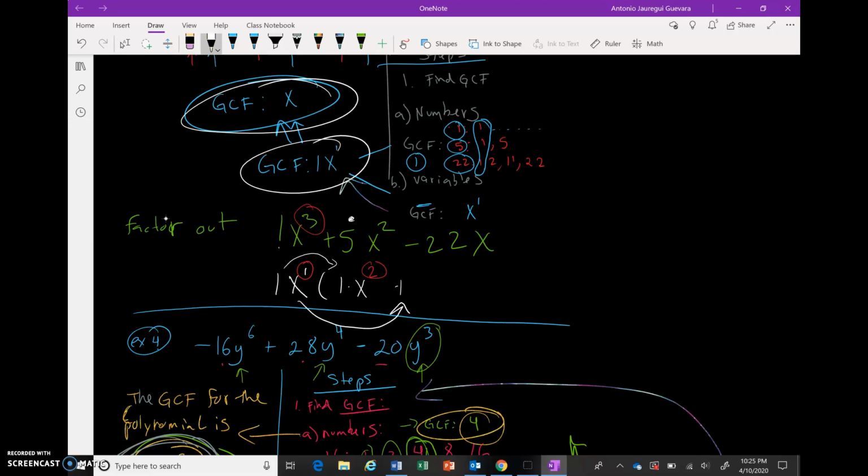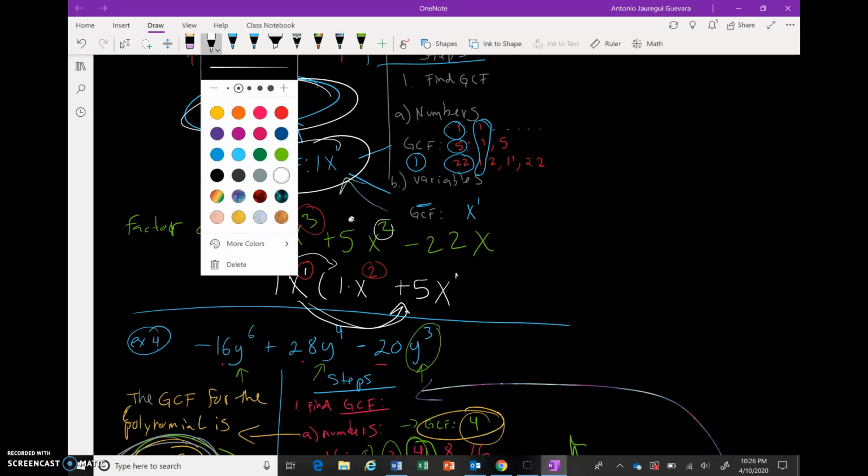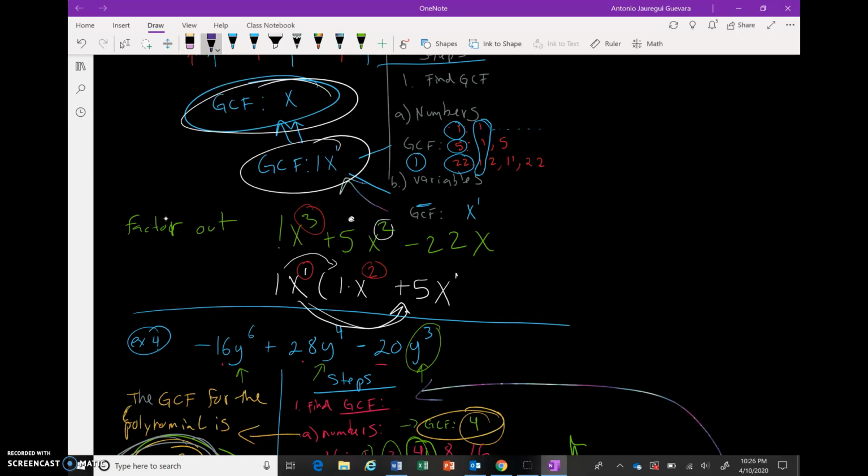Well, that's 5. And then 1x times x to the power of what? Again, 1 plus 1 gives me 2, so that works. That's where you keep your variable.